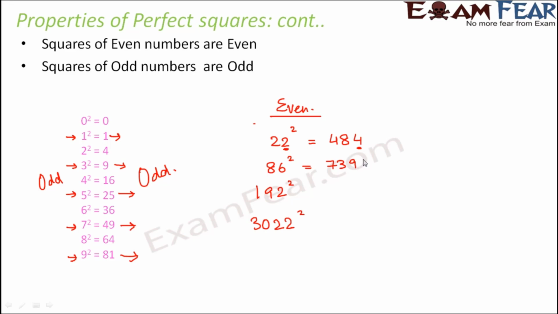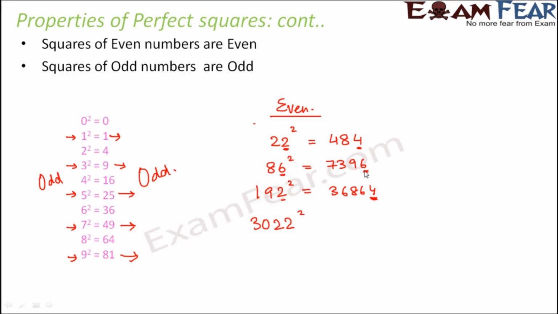86 square is 7396. So even here, even here. 192 square is 36864. Here also, even here, even here. Another very simple logic is that since you have 2 at the units place, the units place would be 2 square, that is 4.